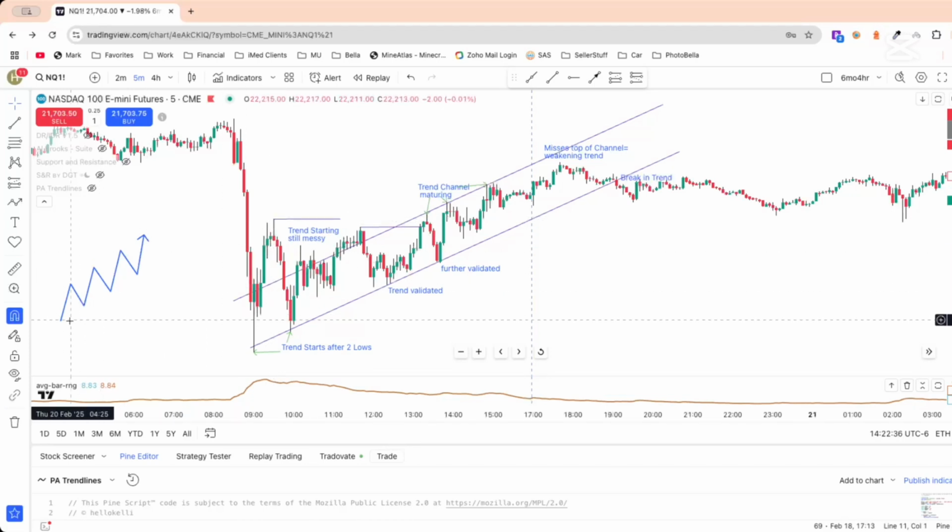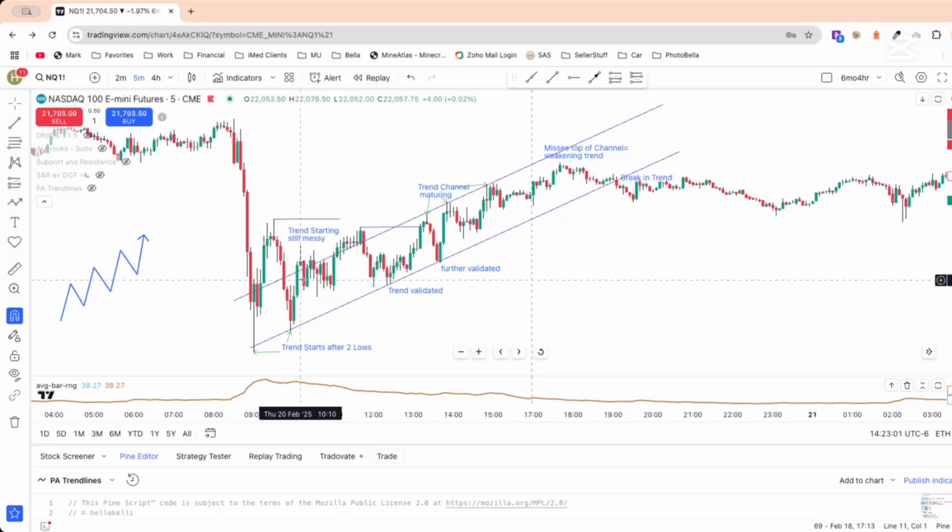So typically we would expect this sort of stair step pattern where we have one high, two highs, three highs. Each high is getting higher and higher than the last. And each low is getting higher and higher than the last. But here we're still increasing in lows, but we're not increasing our highs. So this part is still messy.